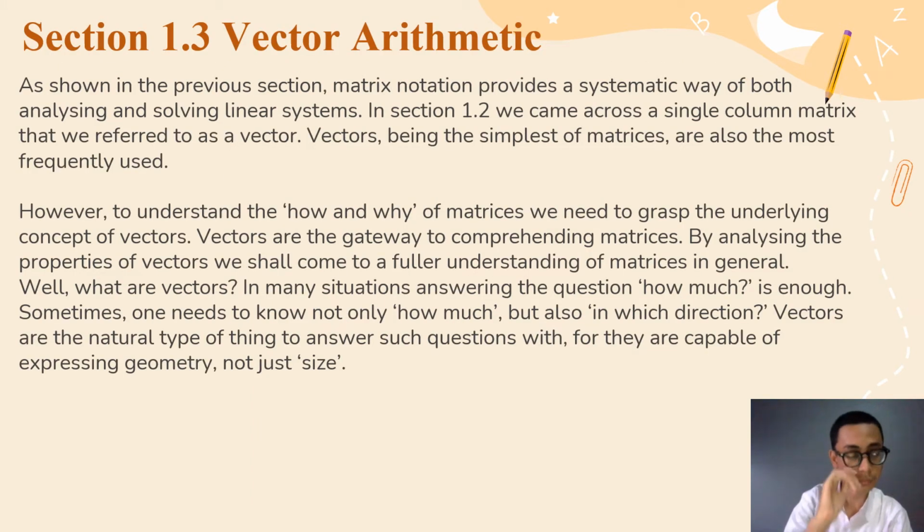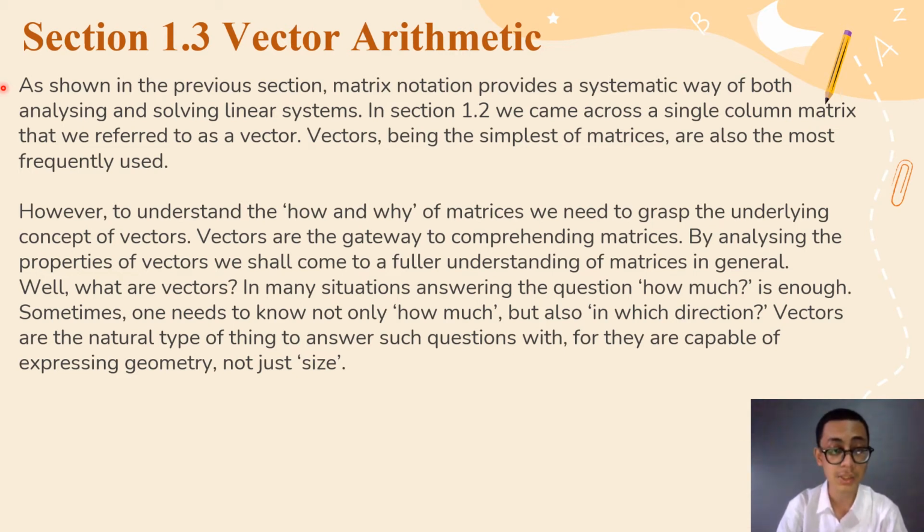Next, section 1.3. As shown in the previous section, matrix notation provides a systematic way of both analyzing and solving linear systems. In section 1.2, we came across a single-column matrix that we referred to as a vector. Vectors, being the simplest matrices, are also the most frequently used.